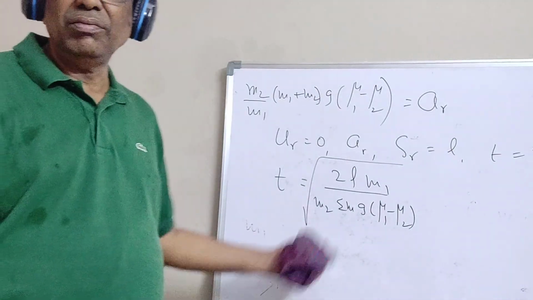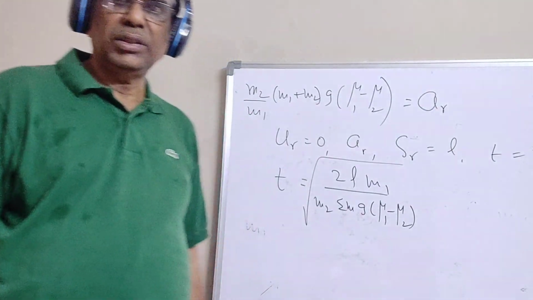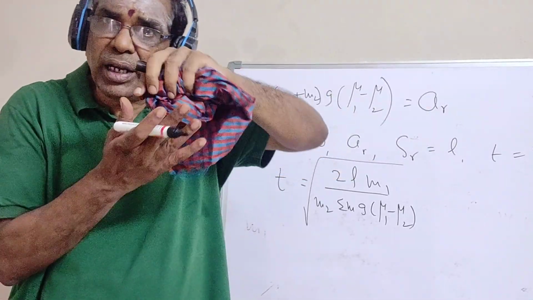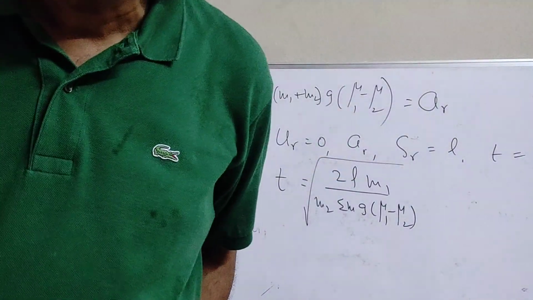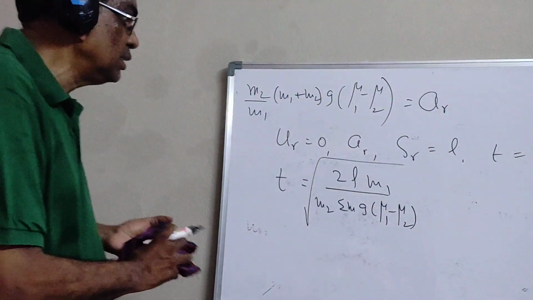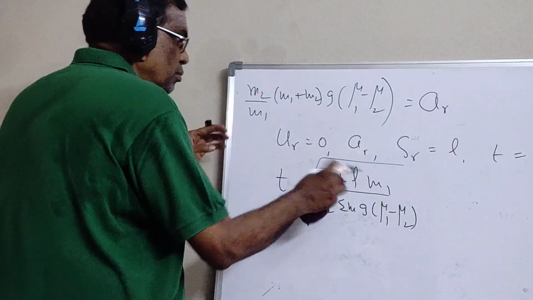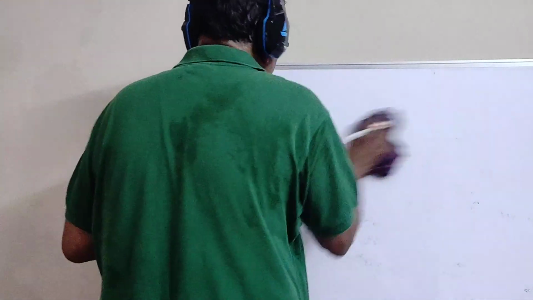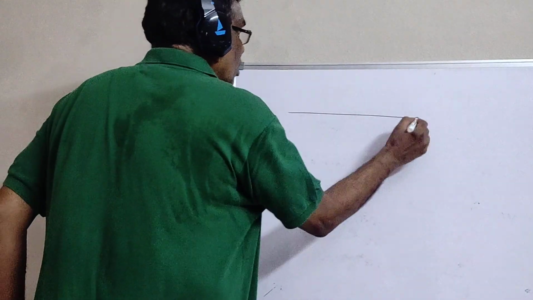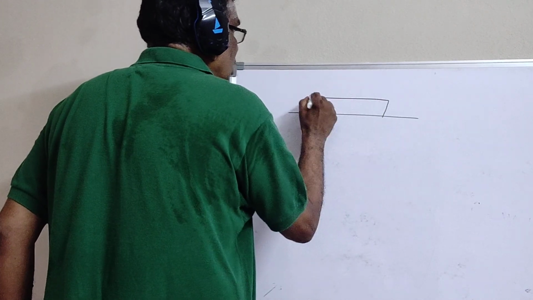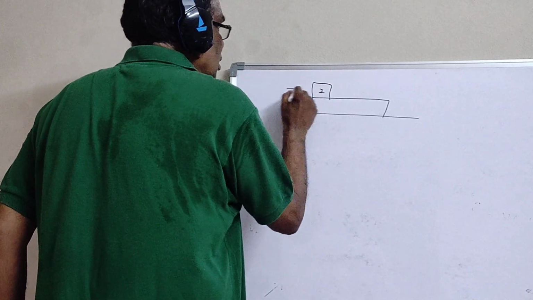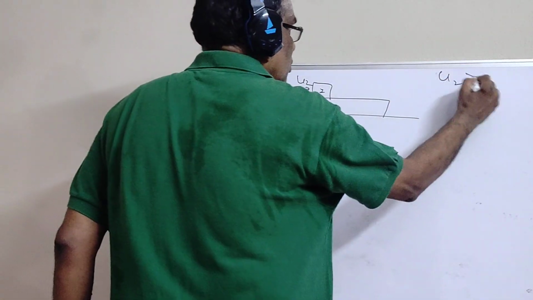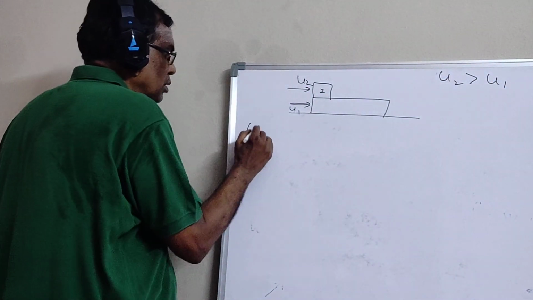This is very simple once you get it. In case upper body and lower body have different velocities, then what do you do? The same thing, only thing is, look. And U2 is greater than U1.